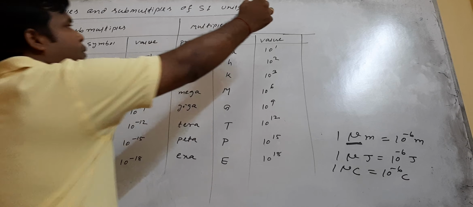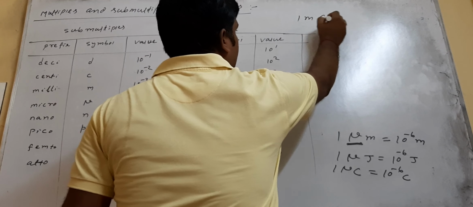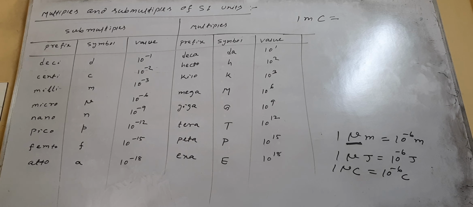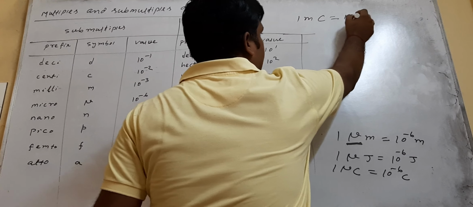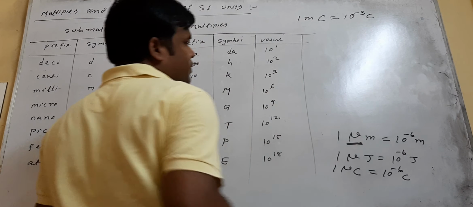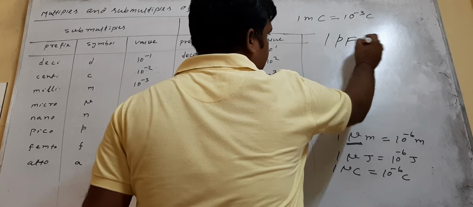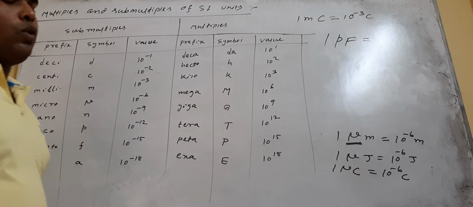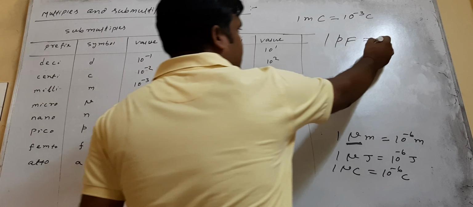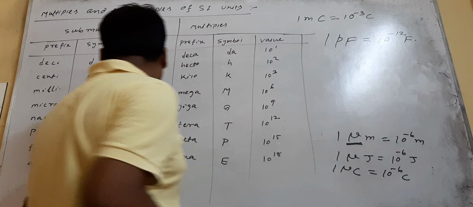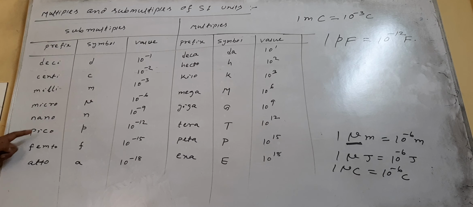Similarly, if you write 1 millicoulomb, small m is milli, that is 10 to the power minus 3 coulomb. Similarly, if you write 1 picofarad, small p is for pico, that is 10 to the power minus 12 farad.